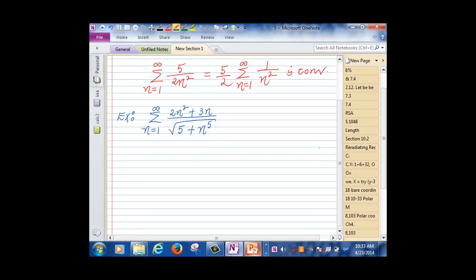So when n is big, we can ignore the lower order terms. What are you left with if you ignore the lower order terms? Just keep the highest order terms. What do you get?